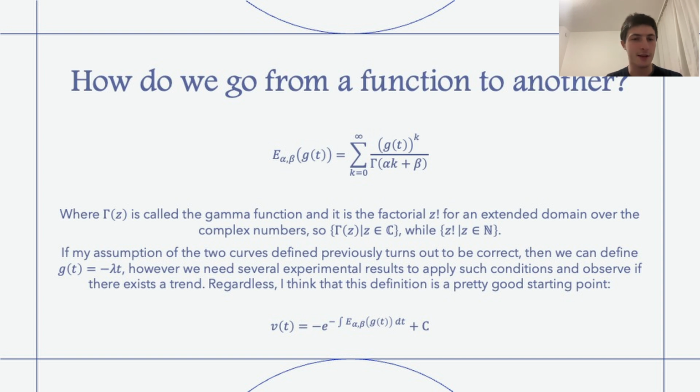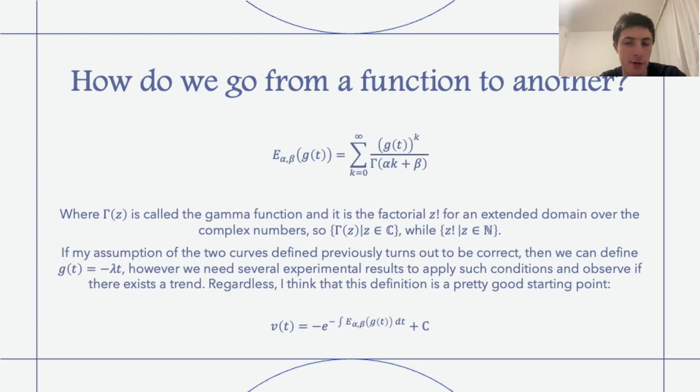So let's say that the Mittag-Leffler function is outputting an exponential function. You can do that: 0 equals negative e to the power of negative 0 dt. So it means it's e to the power of negative constant, and that's basically your c value.